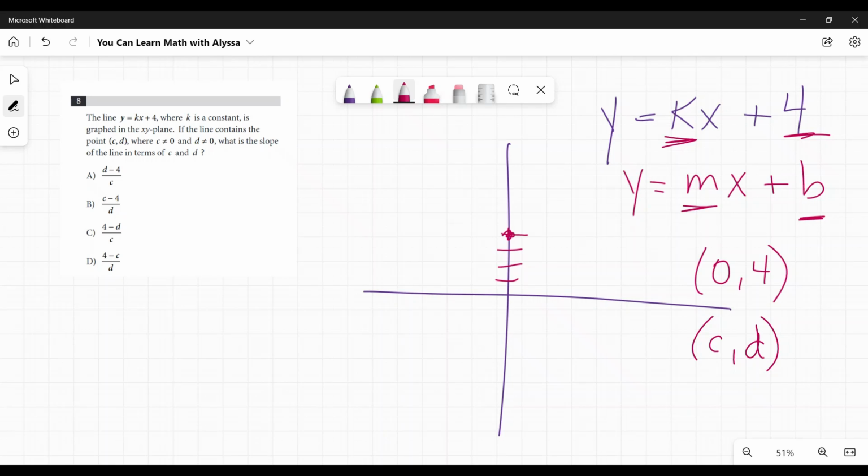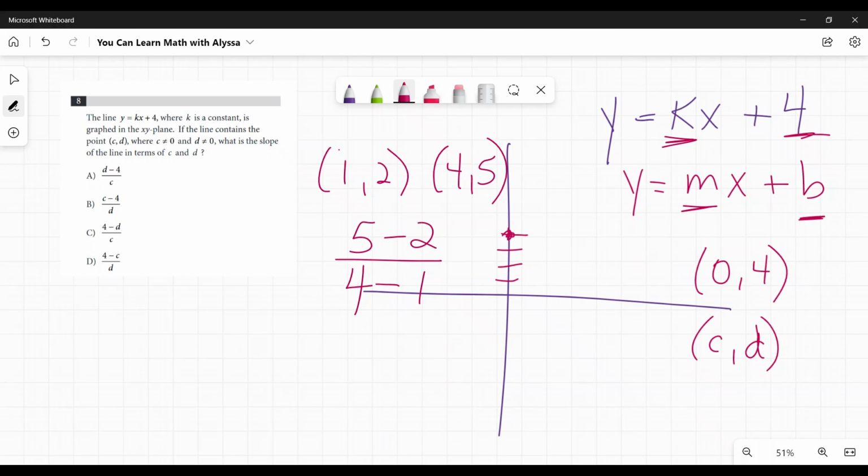What is the slope? The formula for slope is change in y over change in x, or rise over run. What this means is you take your two y values, you put them on top, subtract them. Take your two x values on the bottom, subtract them too. For example, if I had the points 1, 2, and 4, 5, and I wanted to know the slope, I would say the y values, 5 minus 2 on top, and the x values, 4 minus 1 on the bottom.